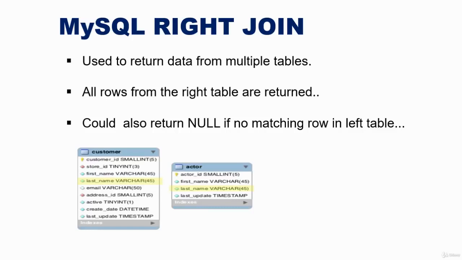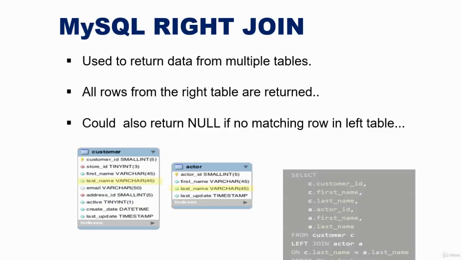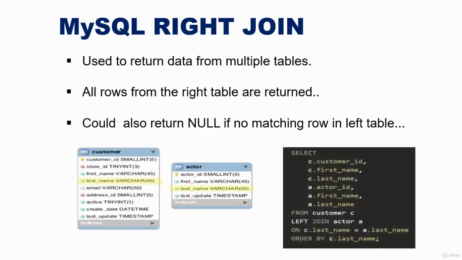What that means is that if an actor doesn't share the same last name as a customer, the actor is still listed. We could achieve this with the query listed here.